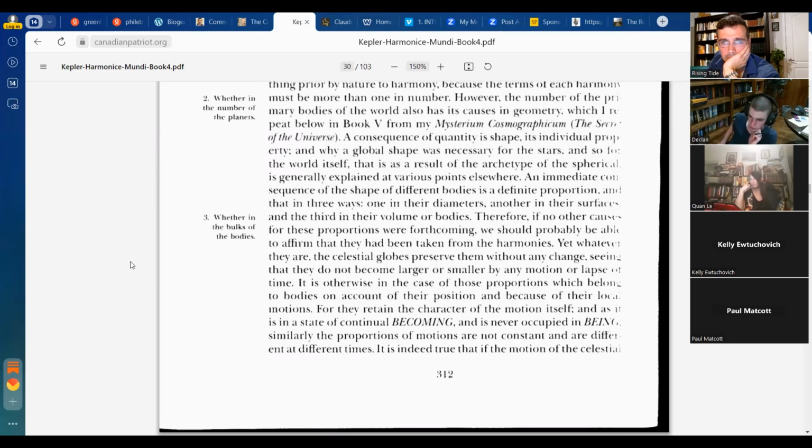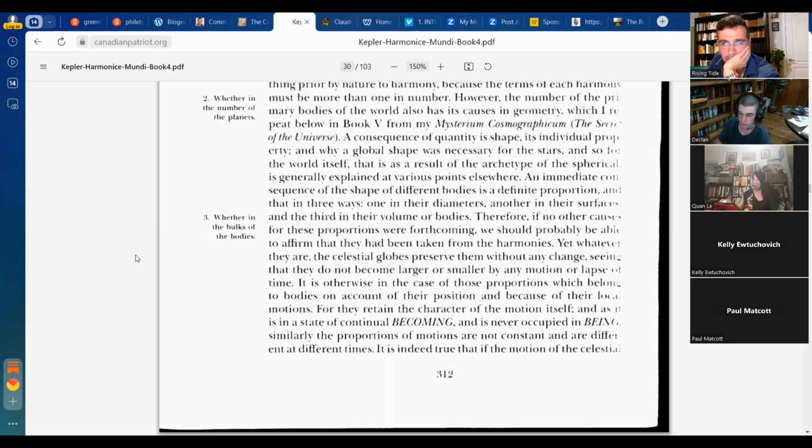It is otherwise in the case of those proportions which belong to bodies on account of their position and because of the local motions, for they retain the character of the motion itself, and as it is in a state of continual becoming, it is never occupied in being.